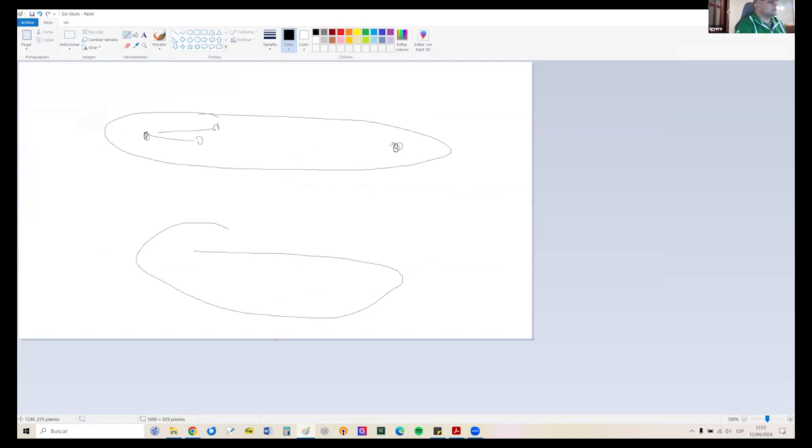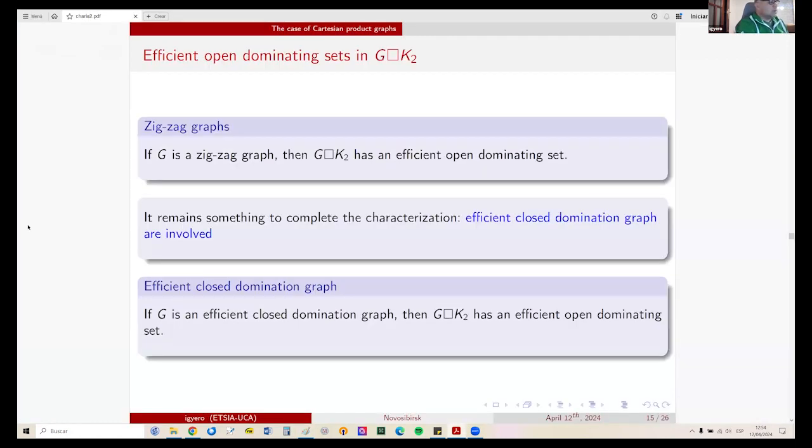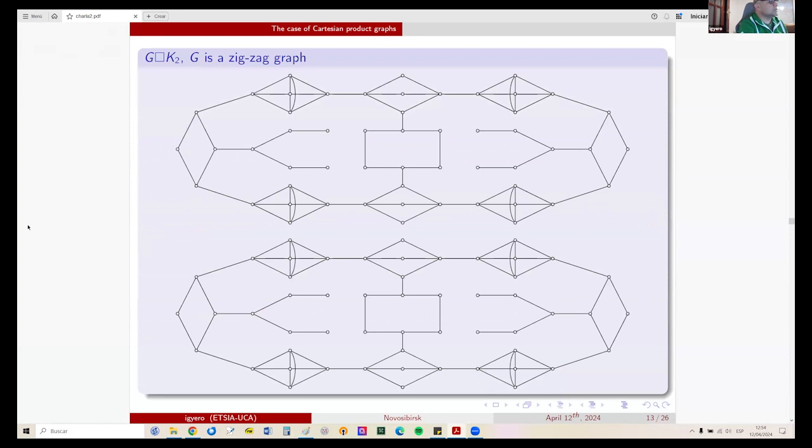And then I have this other copy which has some neighbors also. Then the union of the copies of these is an efficient open set, because the things will be going in this direction, and I have efficiency here. So with this in mind, we have the zigzag graph, and we have this other case in which you have efficient open.